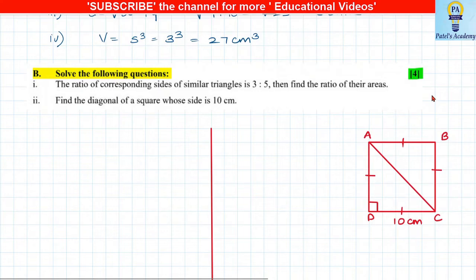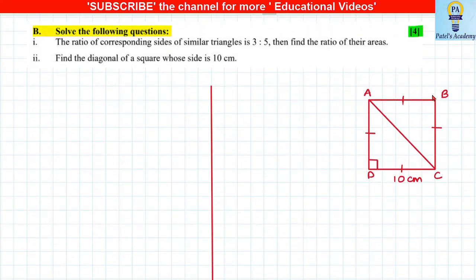Question number 2, part B. Now see the first one. The ratio of the corresponding sides of similar triangles is given as 3 upon 5. You have to find the ratio of their areas. They have given the ratio of the sides S1 upon S2 as 3 by 5.